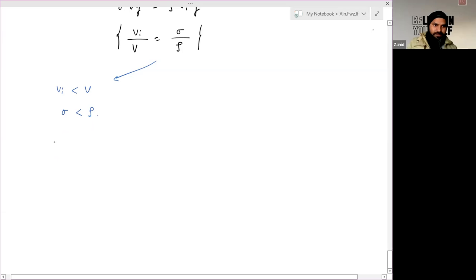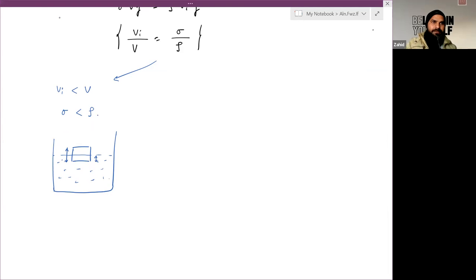So in this case, object will behave like this. This immersed volume is lesser as compared to its total volume. So it is the case of floating.